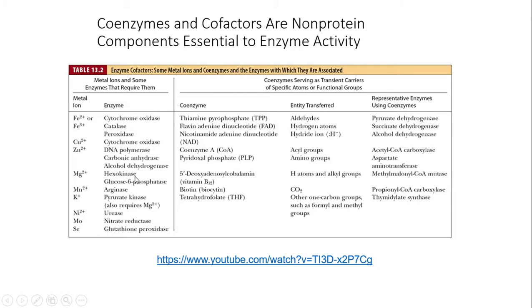We'll see this in the glycolytic pathway. We'll also see pyruvate kinase in the glycolytic pathway, and some of these others in other discussions of metabolic pathways. Coenzymes: thiamine pyrophosphate, we'll see this also in one of our pathways. FAD, or flavin adenine dinucleotide, for pyruvate dehydrogenase and succinate dehydrogenase. We'll see these enzymes in some pathways as well.